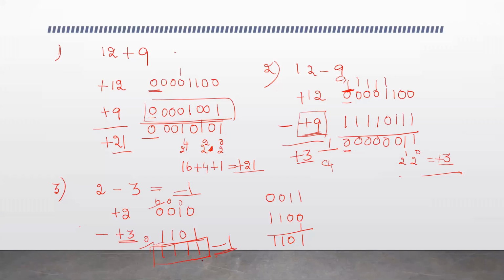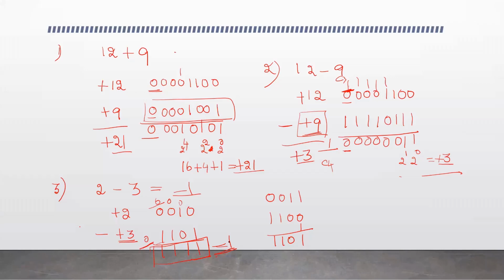So you can detect if there is an overflow, or whether our result is correct or wrong. If there is an overflow, definitely the result will not be correct. You will be considering the overflow bit with the result bits to find the correct result. Otherwise, when C3 is 0 and C4 is 0, that means there is no overflow, and 1, 1, 1, 1 is the 2's complement representation of minus 1.